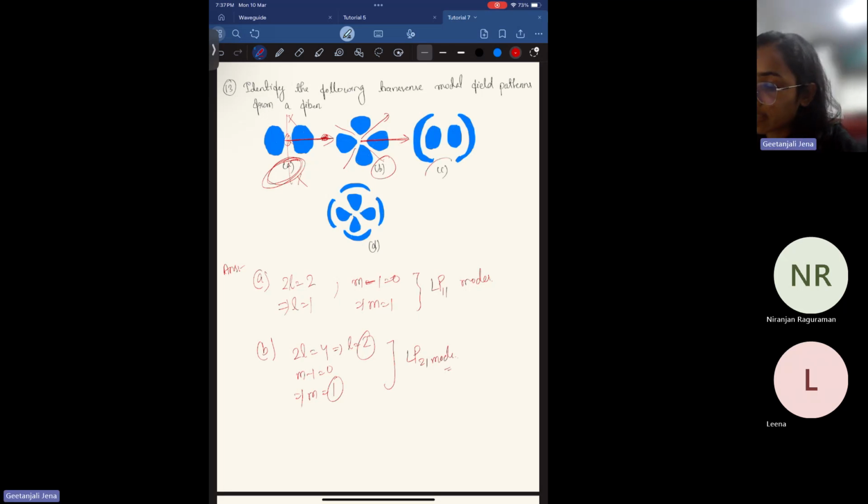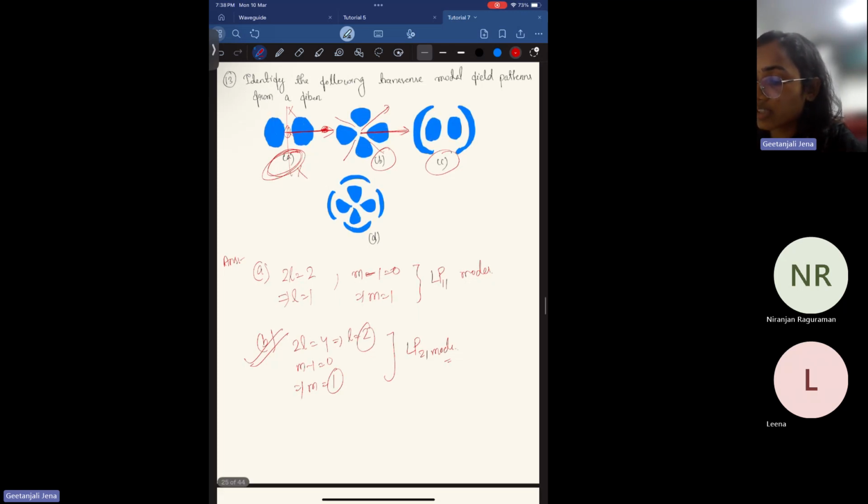What about option C? I think this is clear, right? Radial direction may be a confusing one, but if you know how to locate it, how to see where exactly to locate it, then you can easily find out what is the value of m.